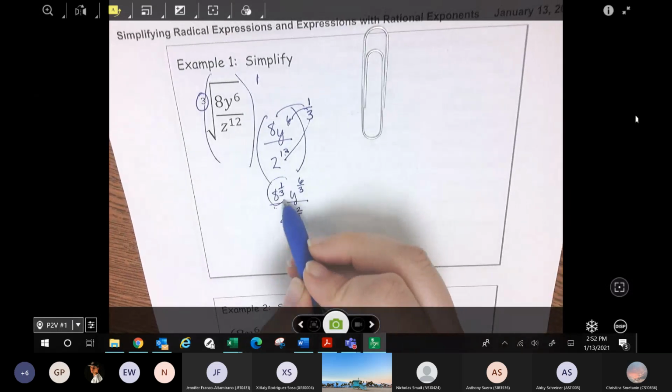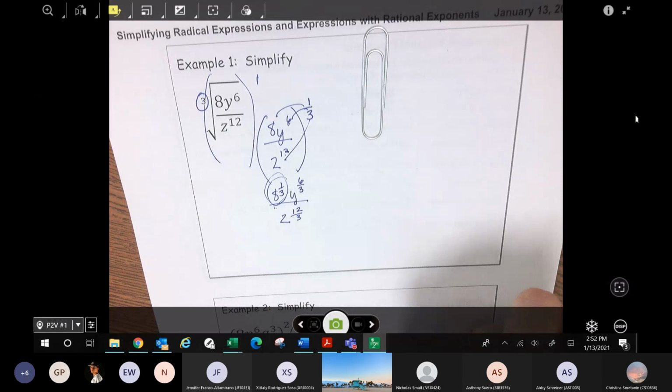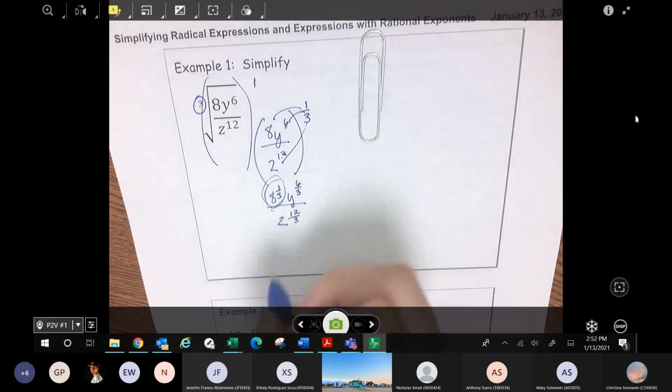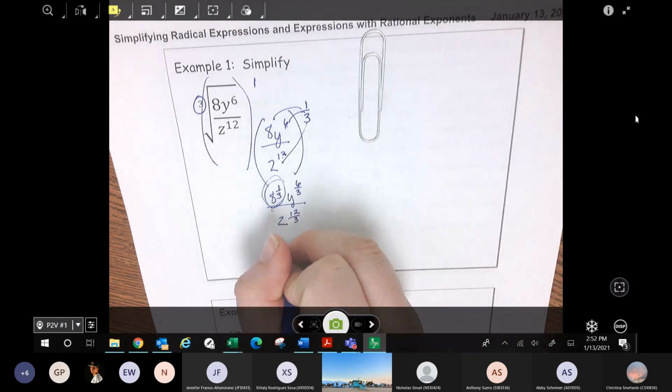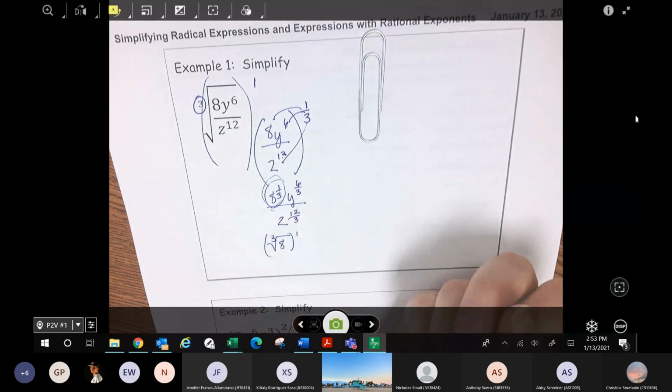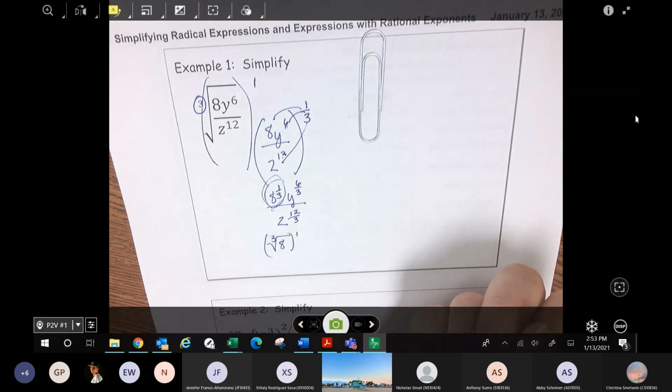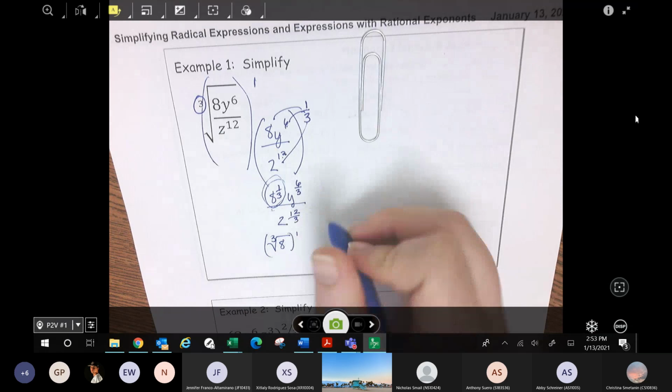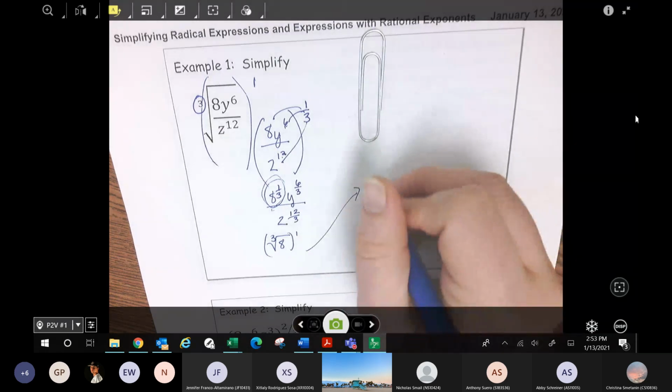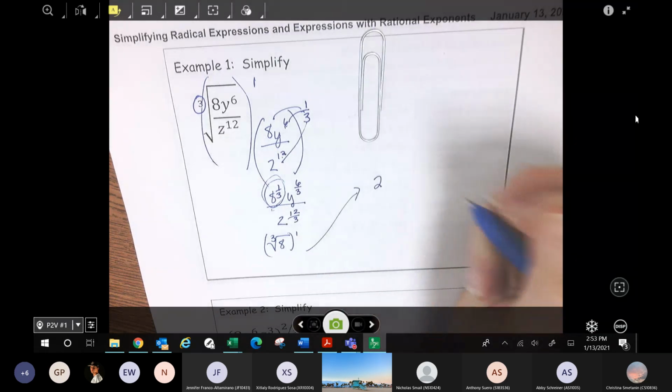What is that 8 to the 1/3? You can rewrite that as the cube root of 8 to the first power, which is just 2. So that is 2. Y to the 6/3.